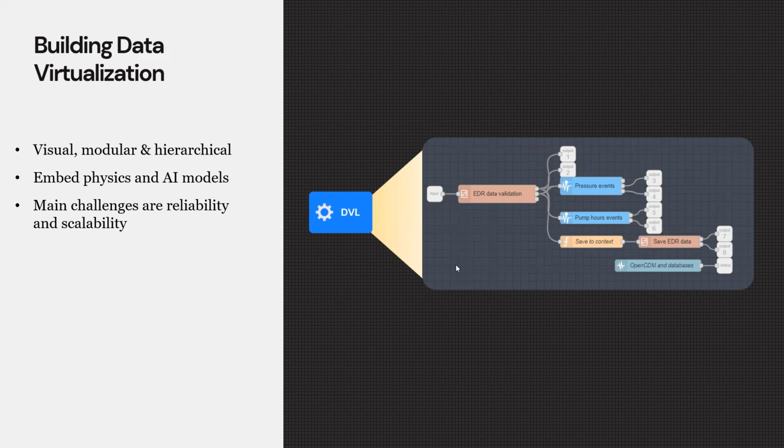One of the things we do notice from our customers is that it's not enough just to adopt a data workflow type of software. There's still a lot of challenges in building data virtualization layers.